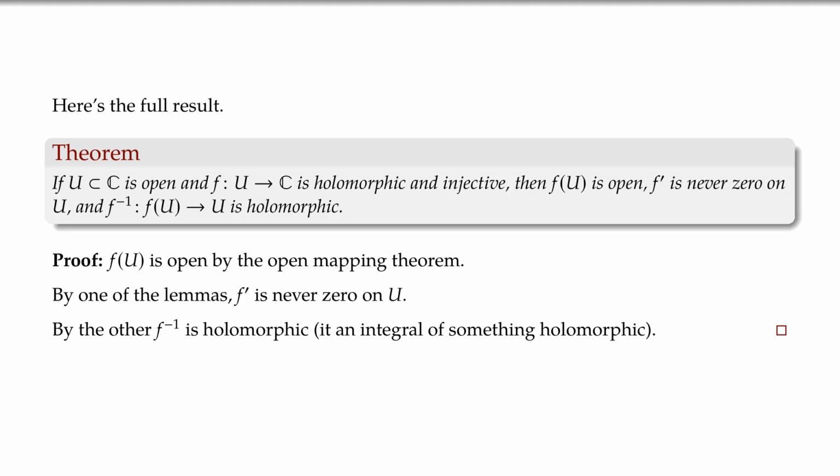The inverse F inverse is defined on an open set and goes back to U. F prime is never zero, and F inverse is holomorphic. Of course, F inverse is also injective, and therefore its derivative is also nonzero. You just apply this theorem again to F inverse if you want. So, all right.